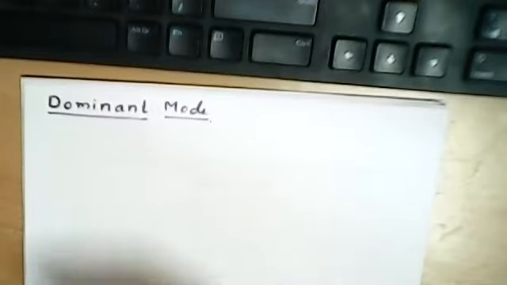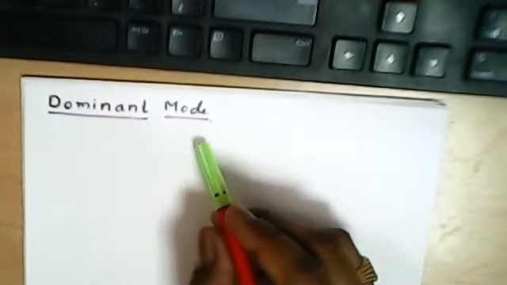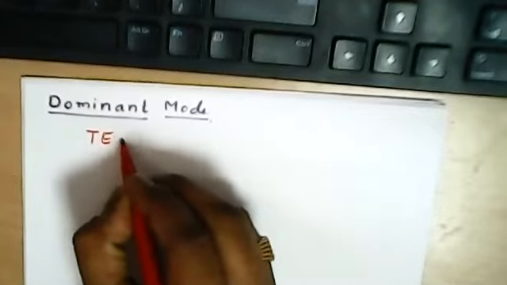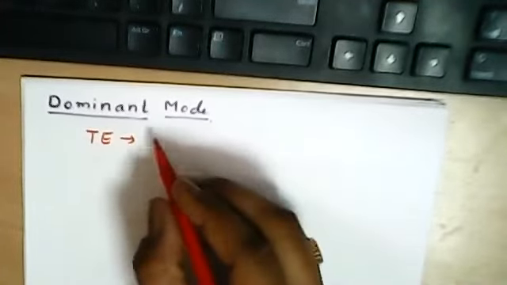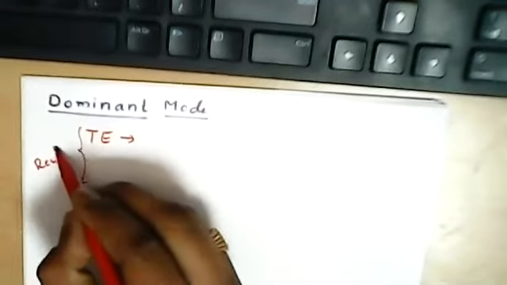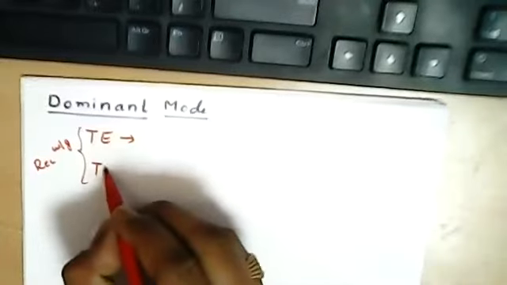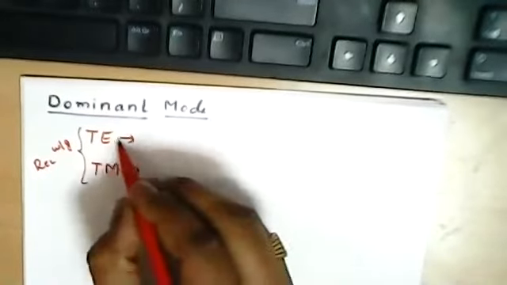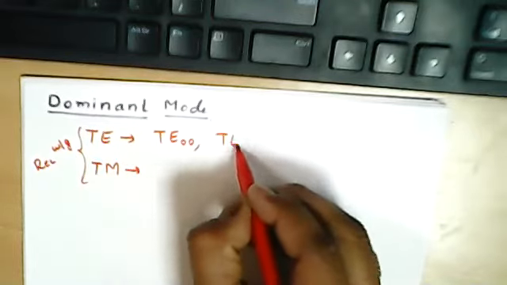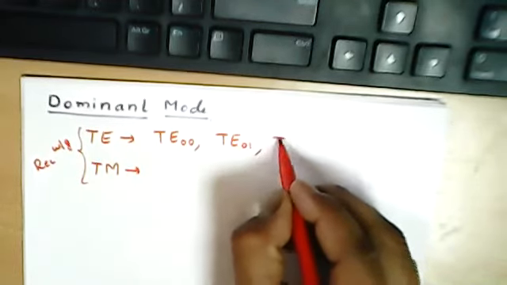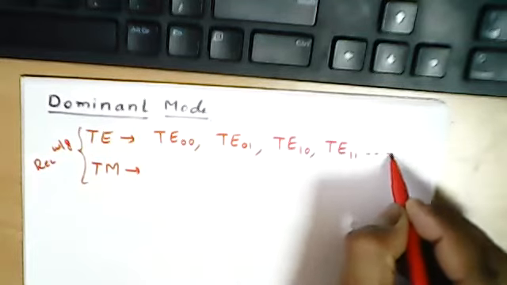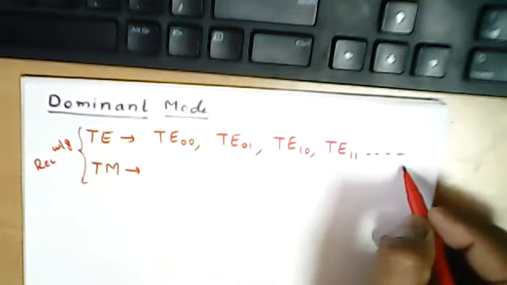There are several modes which are available. In case of transverse electric, TE, the different modes are available. In a rectangular waveguide, only two types of modes are possible, that is TE and TM, and the modes of propagation are TE00, TE01, TE10, TE11, and so on, TE12, TE13, TE21, like this.